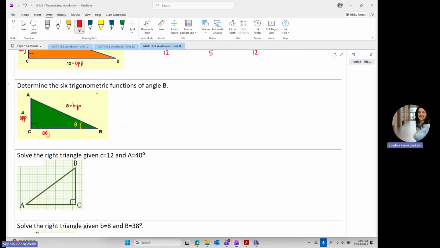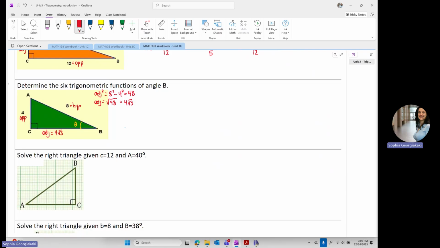So the adjacent squared will be the hypotenuse squared minus the opposite squared, which is 48. So the adjacent is going to be the square root of 48. I don't need plus or minus. The lengths must be positive. 48 is 3 times 16. The square root of 16 is 4, so the square root of 3 times 4. So the adjacent is 4 square root of 3.